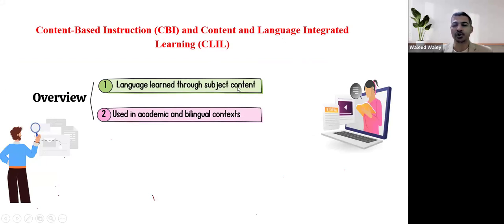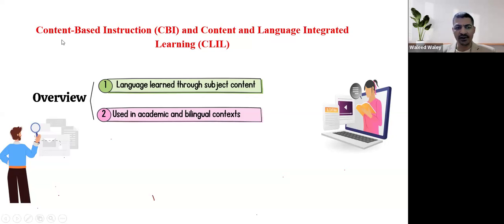So the teacher should help the students to acquire the language and use it through a topic. It can be a topic from a science book, from a history book, and so on, used in academic and bilingual contexts.